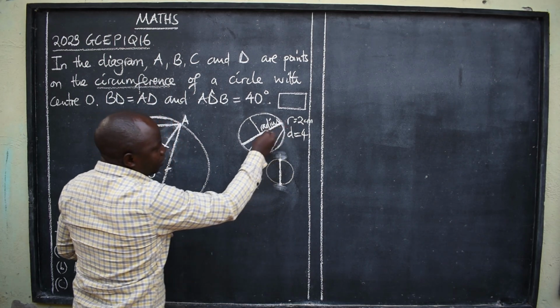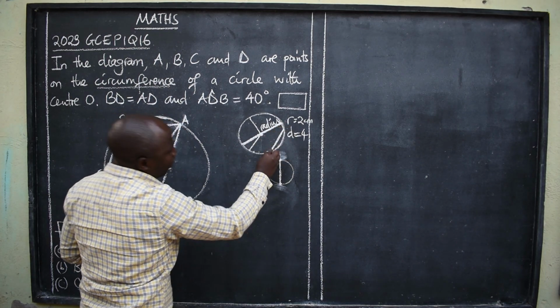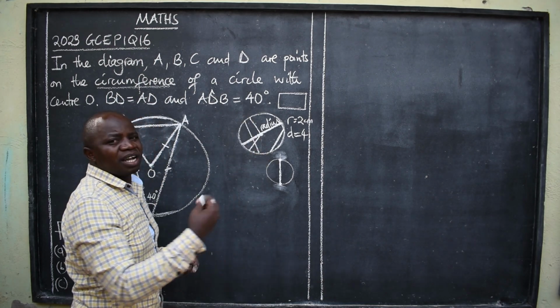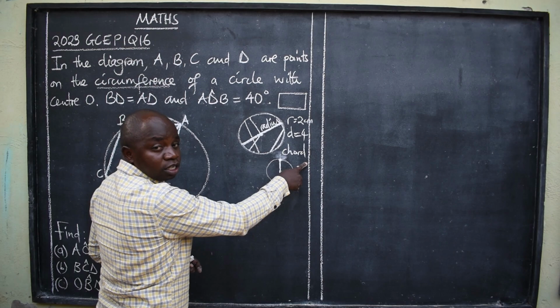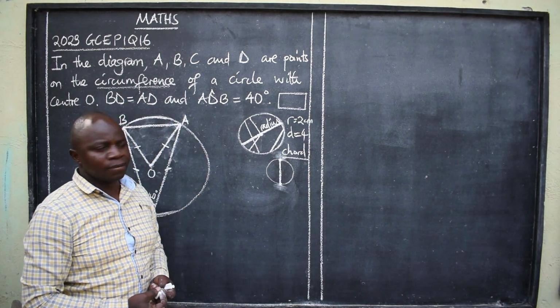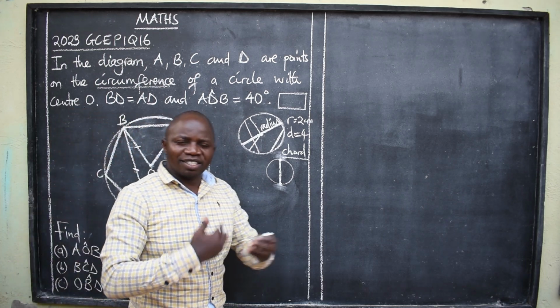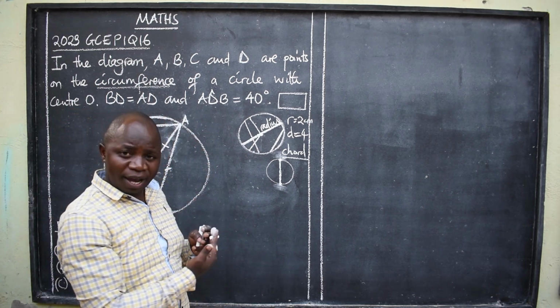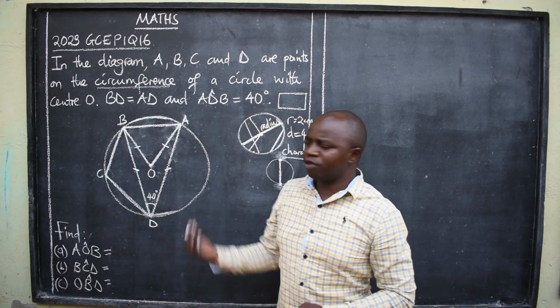A line that is not passing through the center, like maybe this one, is called a chord. Not a chord, but chord. So that is a chord. I assume that you understand some terms that I'll be using; we'll be talking about this as we move on.